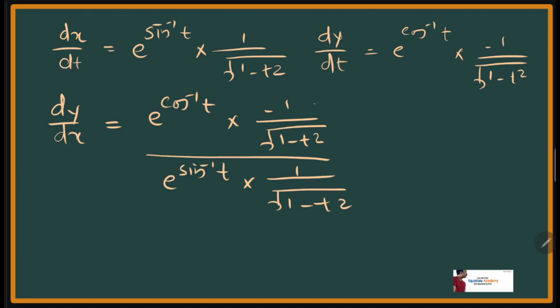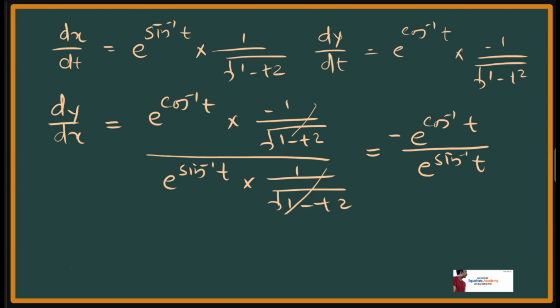We can cut this part, 1 divided by root 1 minus t square and 1 divided by root 1 minus t square. There is one minus here, so we have minus e raised to cos inverse t divided by e raised to sin inverse t.